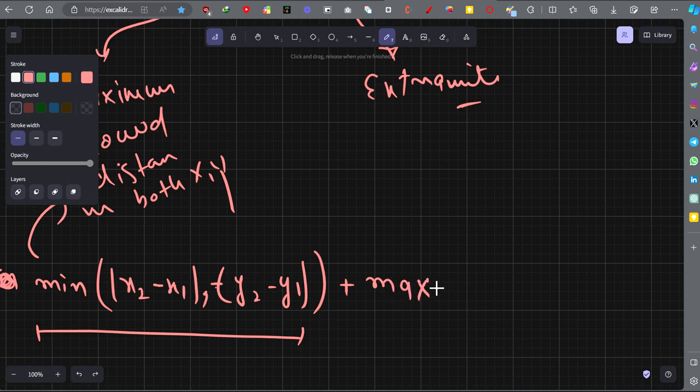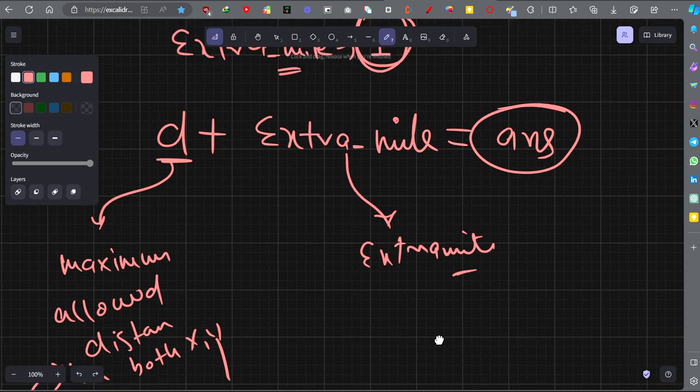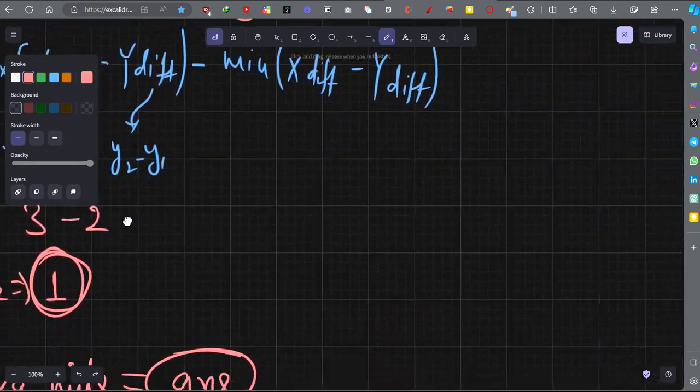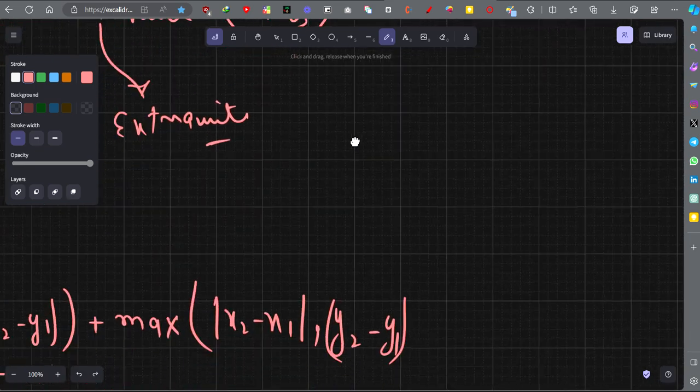This is for the extra mile that you will cover. The maximum of absolute x2 minus x1, y2 minus y1, and then for the extra mile, you will subtract the minimum out of it.